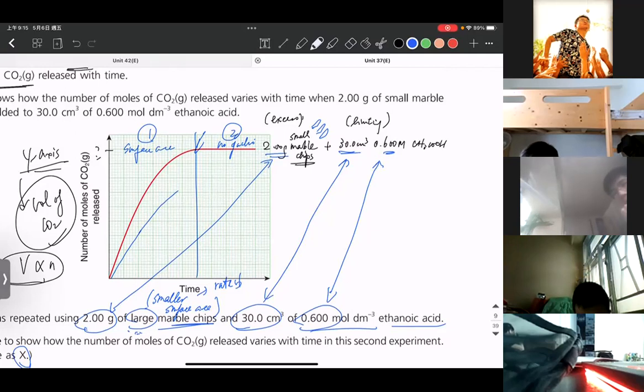The second thing I would like to draw attention to, I repeat: would the ending time of the reaction, the completion time, be the same or different? If it's different, would it take a shorter time or a longer time?